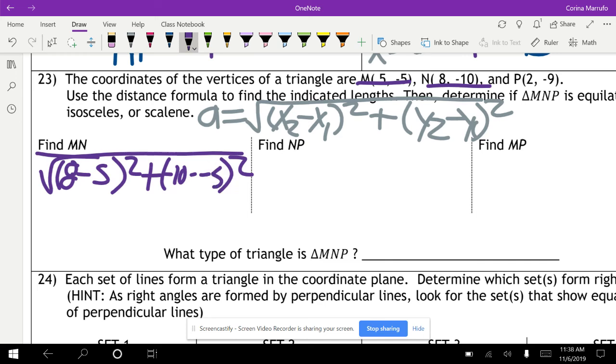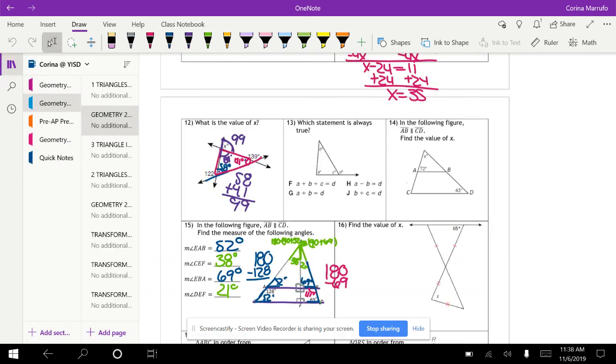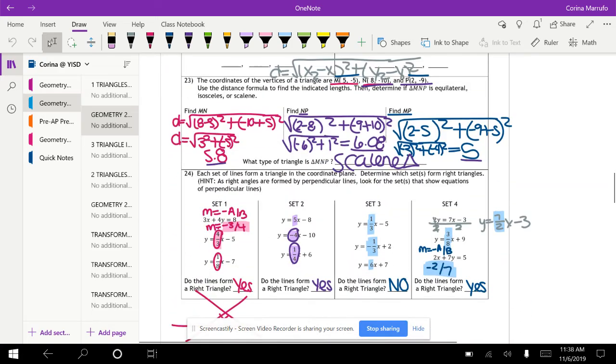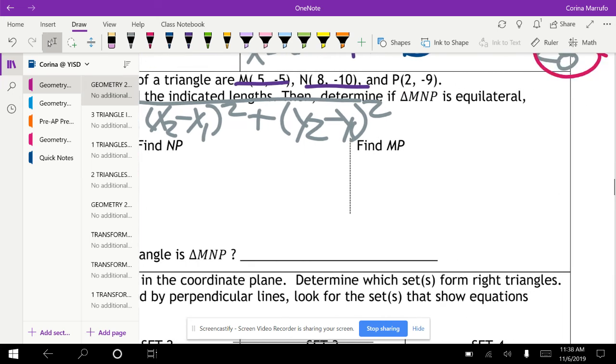And then we need to remember 2 negatives make a positive. You can put in your calculator the way that you see it. Let me go ahead and check to see what we got in the last class. Just for time, when we plug that into our calculators, we got 5.8. So 5.8. Then we do the same thing for NP.